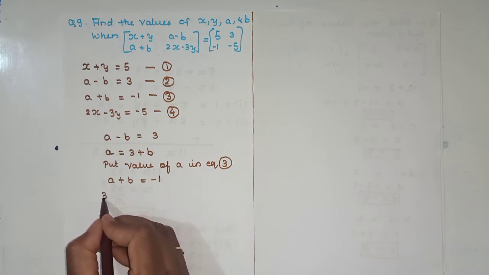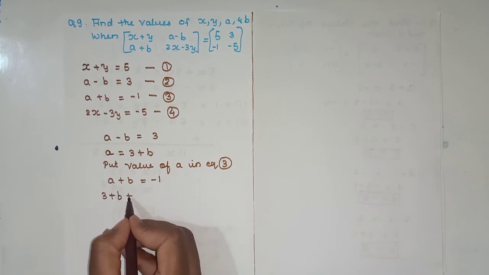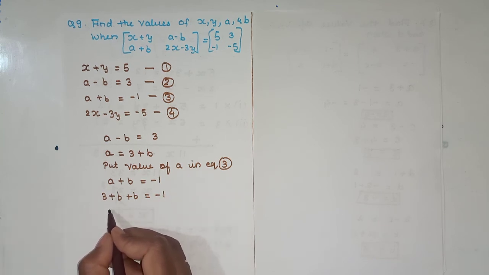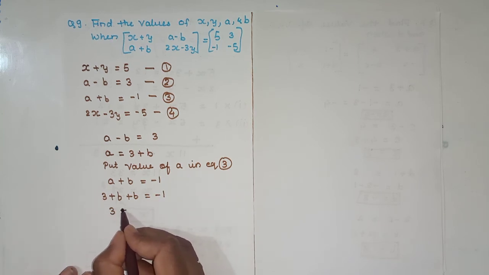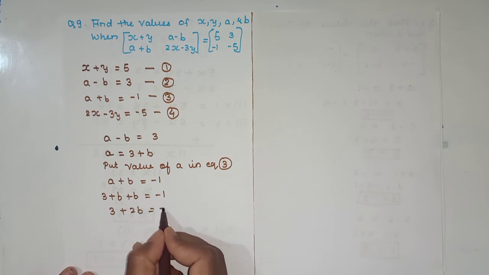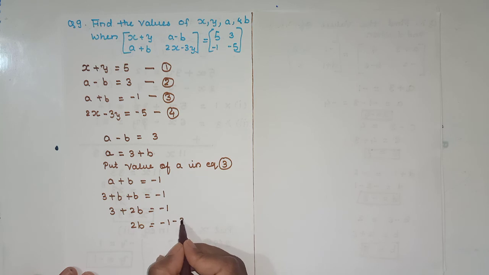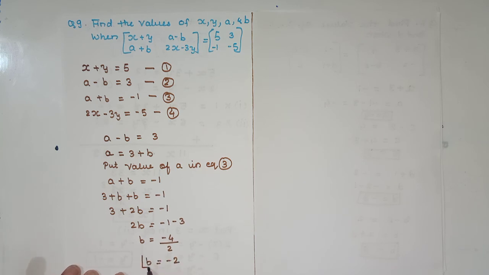A equals to 3 plus b, so 3 plus 2b equals to minus 1. So 2b equals to minus 1 minus 3, means b equals to minus 4 upon 2, means b equals to how much? Minus 2. So here we have got the value of b.